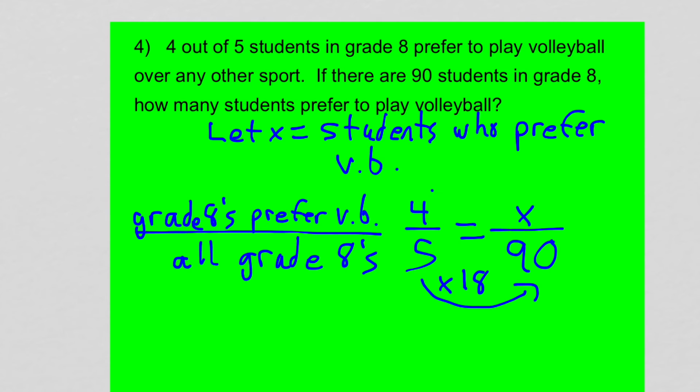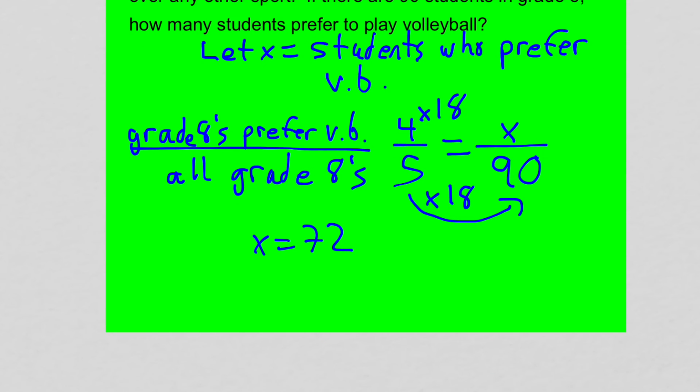And then that means we do 4 times 18. Well, I knew 4 times 10 is 40, and 4 times 8 is 32. So that's going to be X is equal to 72 grade 8s prefer volleyball.